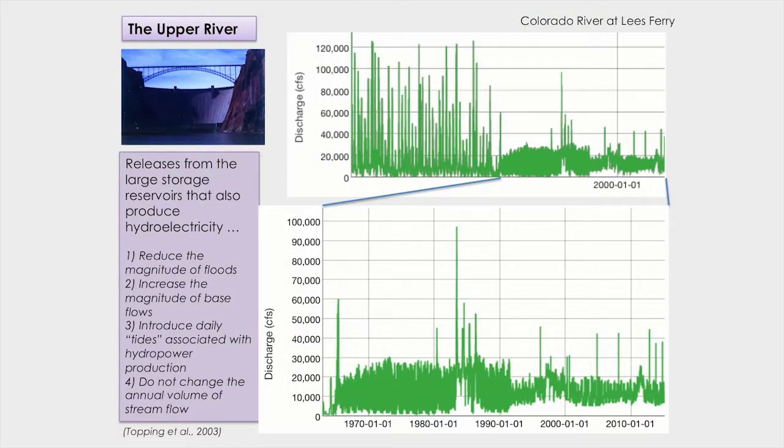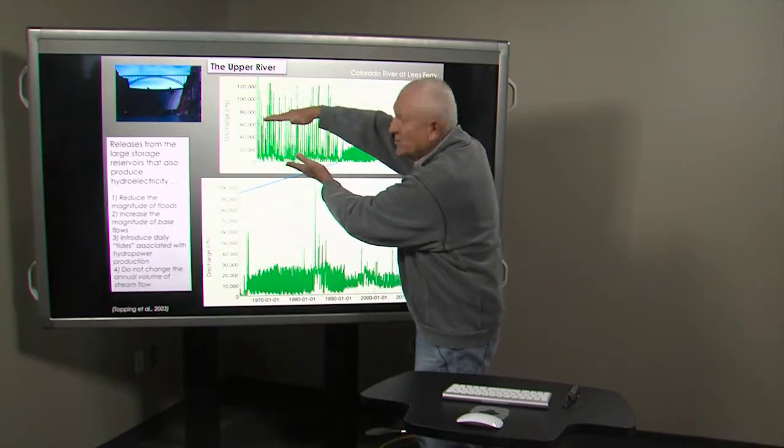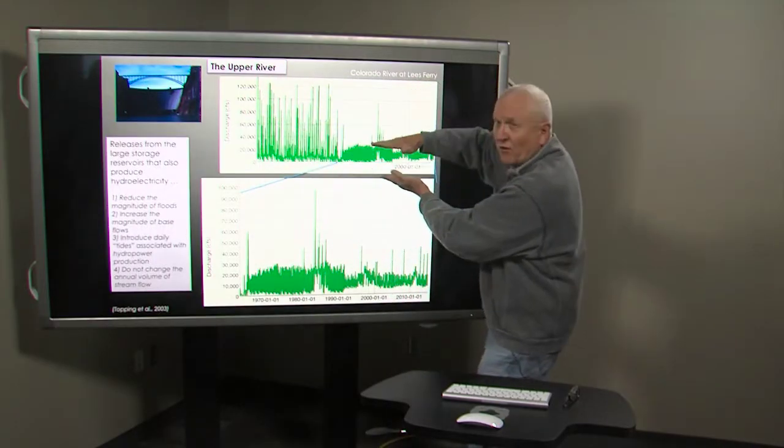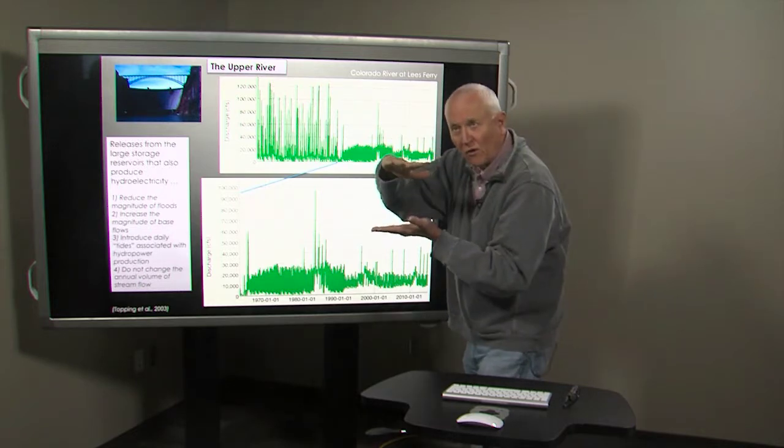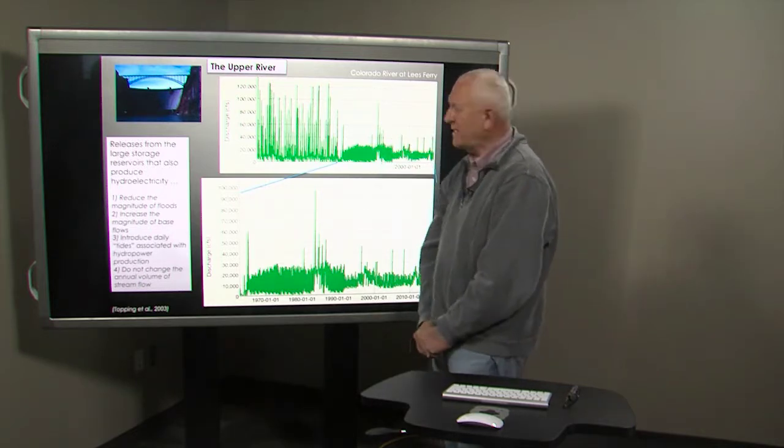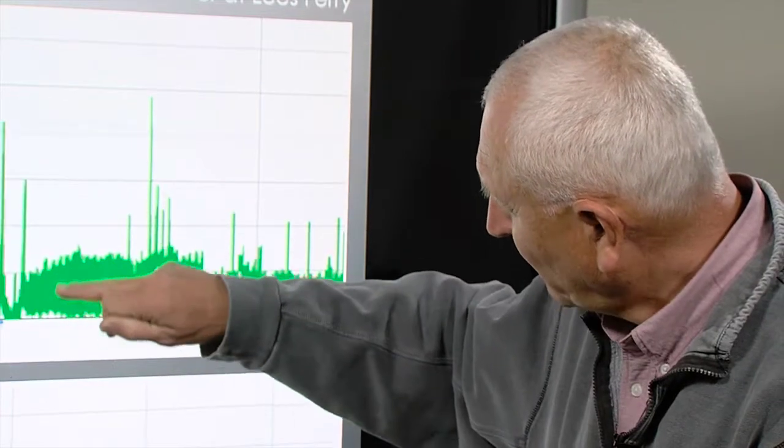The fundamental attribute of how dams affect the river flow in this section at Glen Canyon and elsewhere is that we don't change the total amount of water that's flowing in the system, but the floods are reduced, the base flows are increased, the river flow is more even throughout the year, but every day the flow goes up and down and up and down and up and down to produce hydroelectricity during the day when we use it.